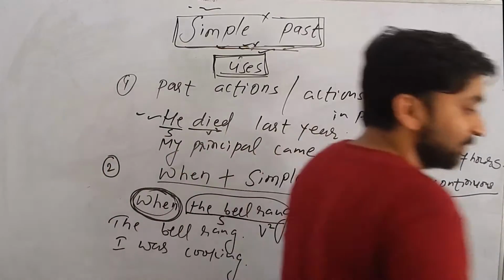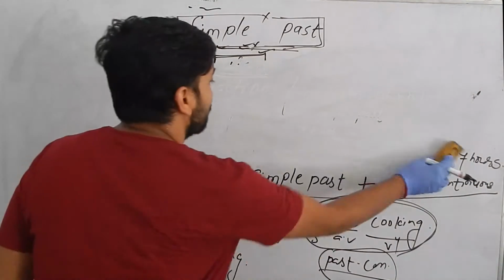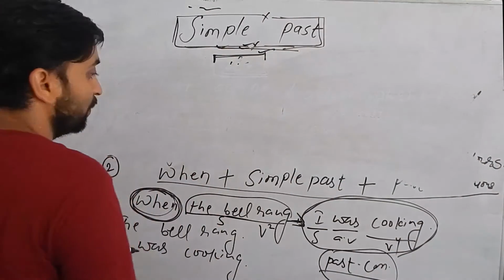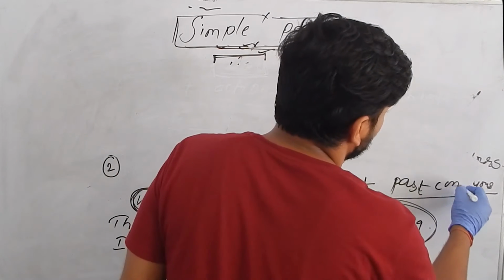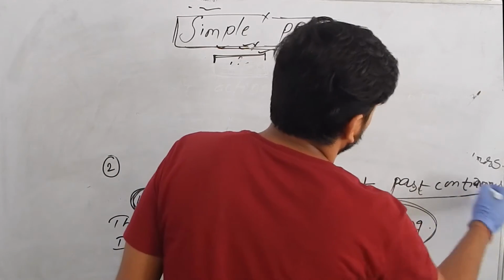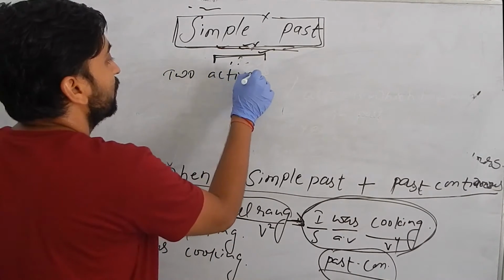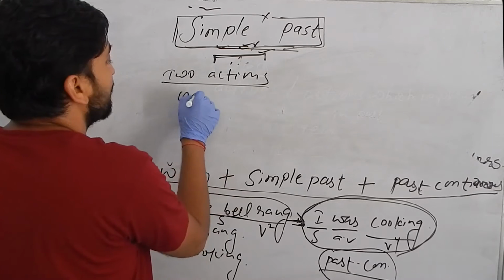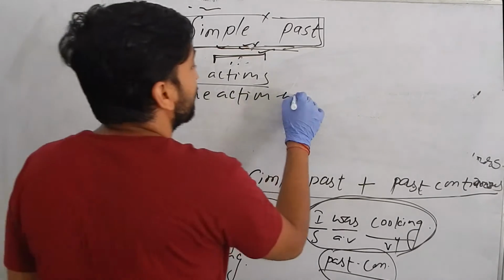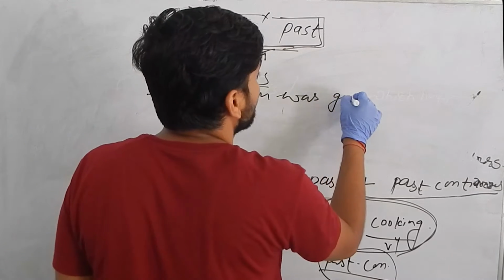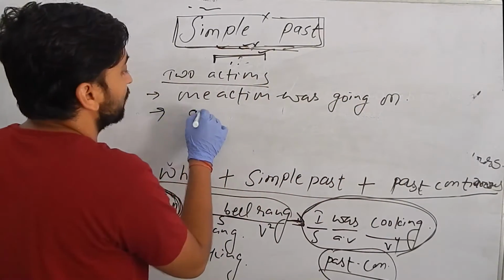So you can say easily, second use: when plus simple past plus past continuous. I have told you already. If there are two actions, one action was going on in a continuous form, एउटा action अघिदेखि चलिरहेको थियो, and another action occurred.